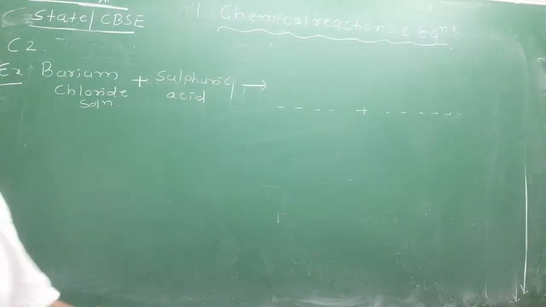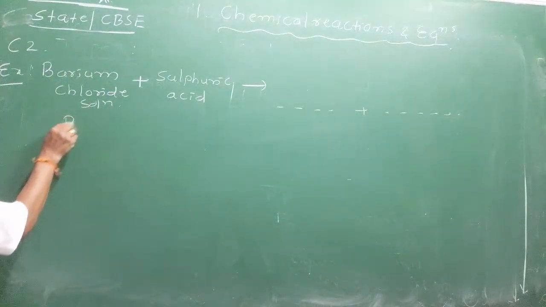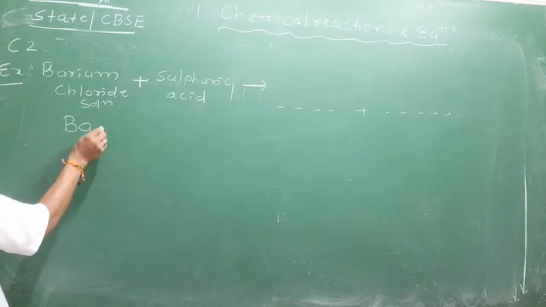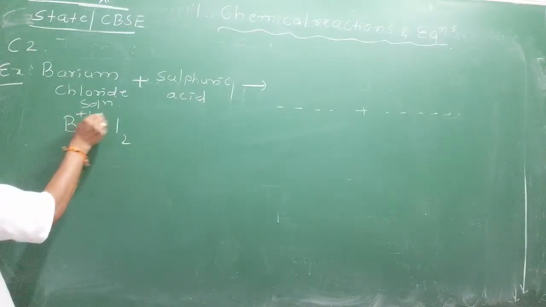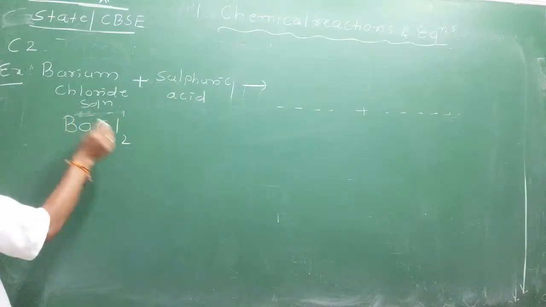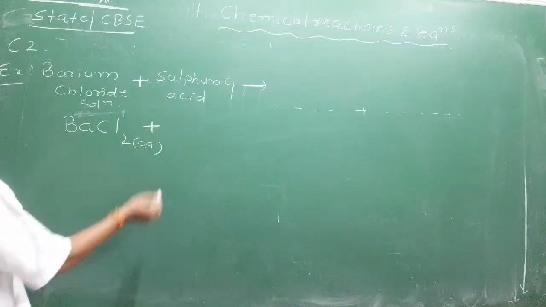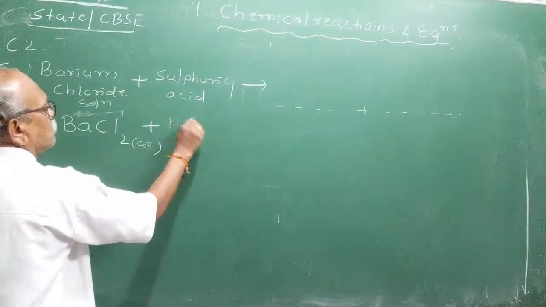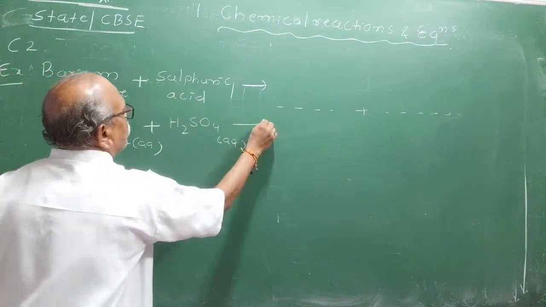See here, you have tried the formula. What is the formula of barium chloride? BaCl2. Why? Ba +2 and Cl -1, cross the valency, you will get BaCl2 aqueous solution. You take it in a test tube and add dilute sulfuric acid.